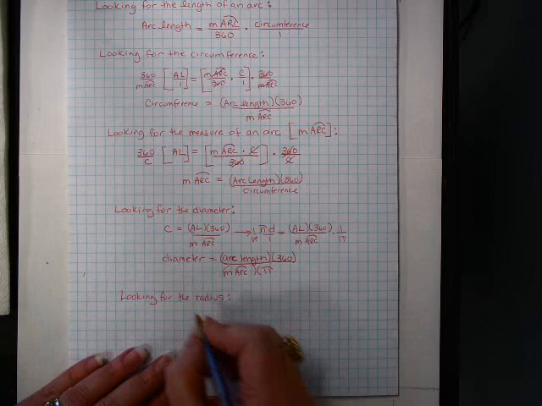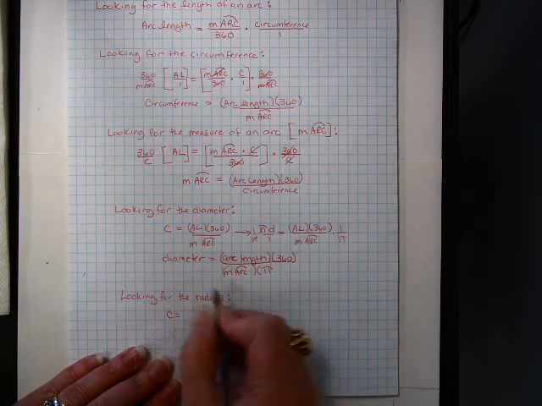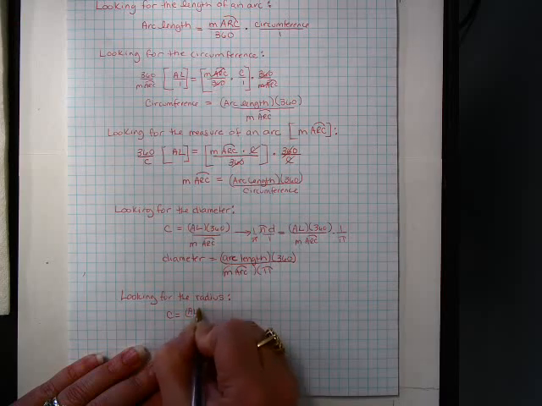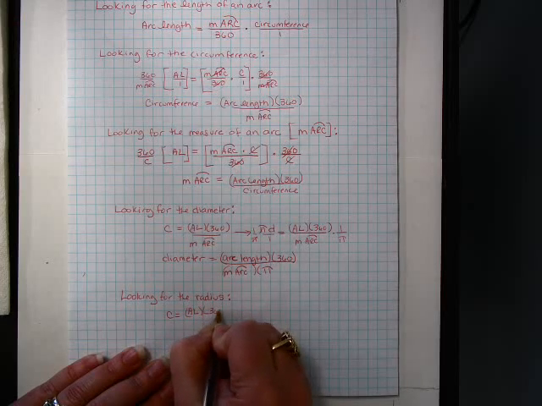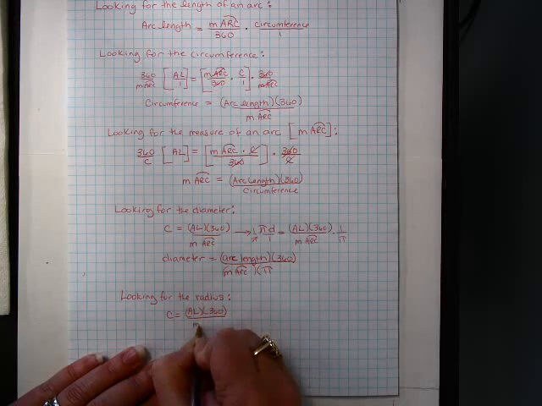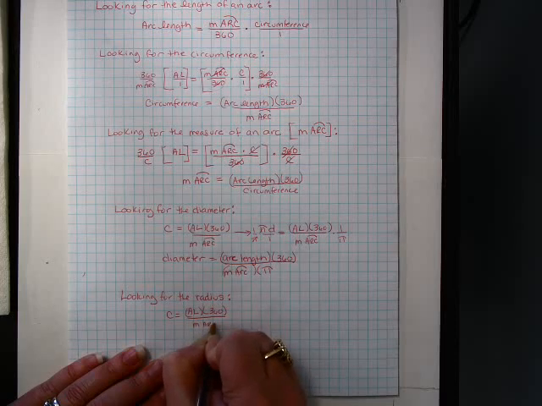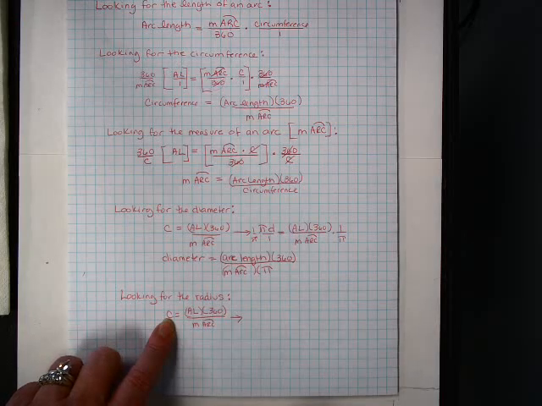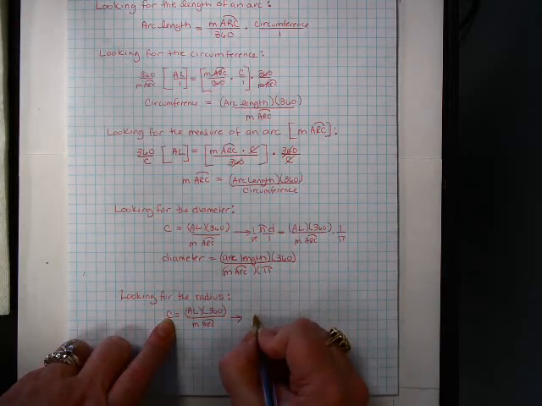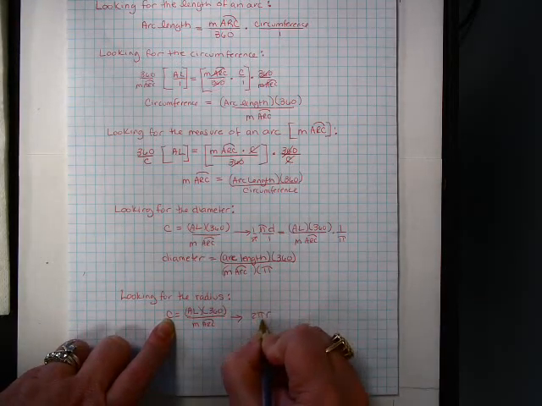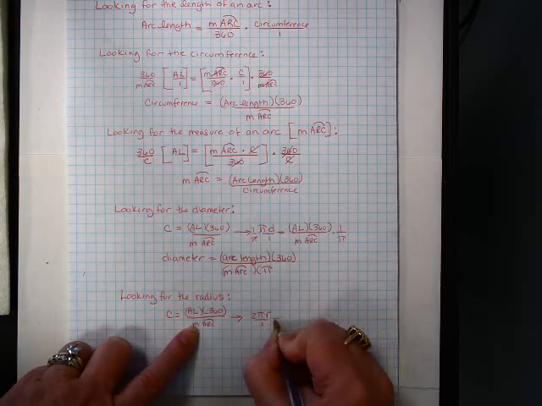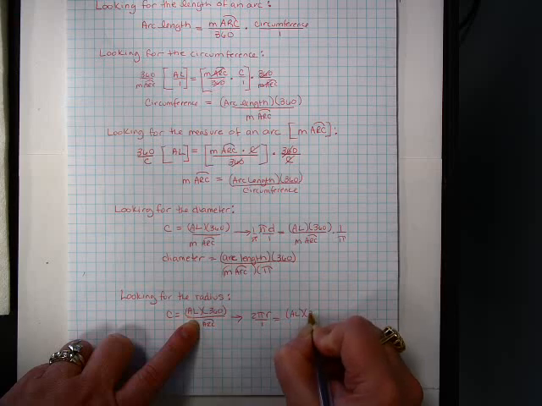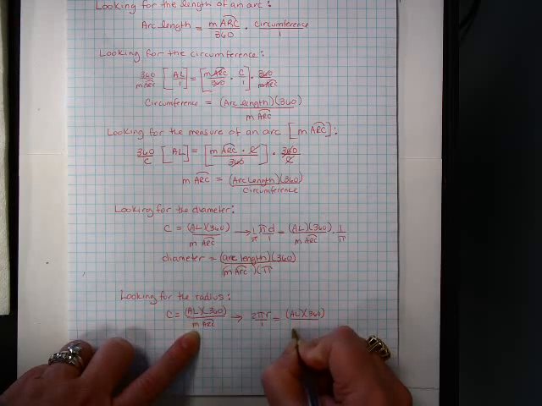So, circumference is equal to arc length times 360 divided by the measure of the arc. And yes, I'm going to substitute in my equation for my circumference. It's going to be 2 pi r. That's going to be arc length times 360 over the measure of the arc.